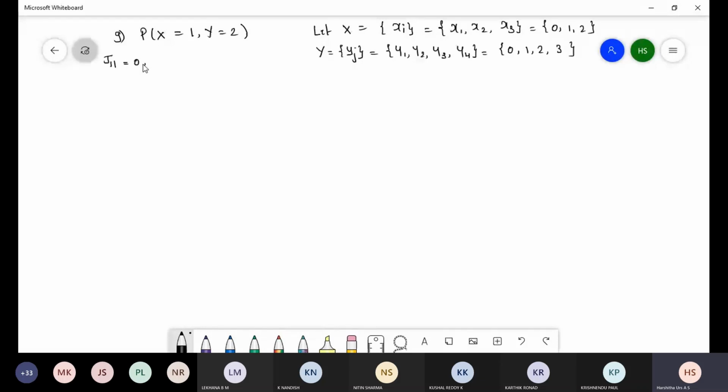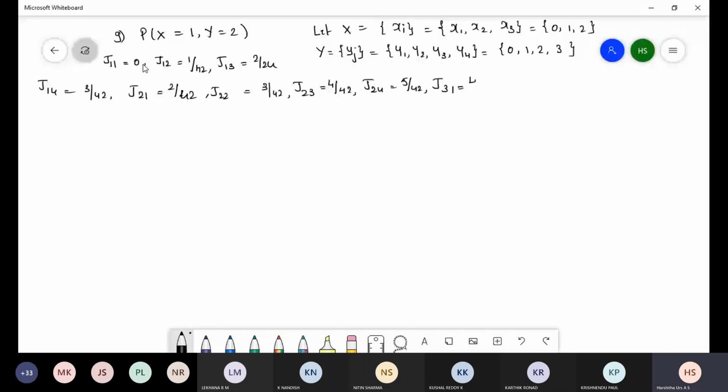So J12 is 1 by 42, J13 is 2 by 42, J14 is 3 by 42, J21 is 2 by 42, J22 is 3 by 42, J23 is 4 by 42, J24 is 5 by 42, J31 is 4 by 42, J32 is 5 by 42, J33 is 6 by 42, J34 is 7 by 42.